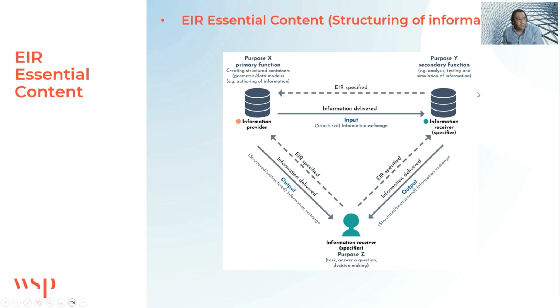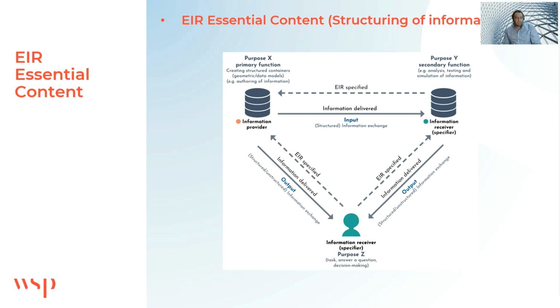So if we know the purpose of information, we will know the best structure for this information. For example, if you need this information for planning, you might need specific formats for the information that fits inside the software that you will use for this planning.